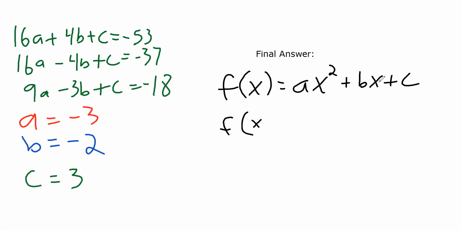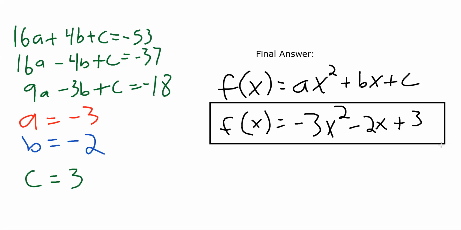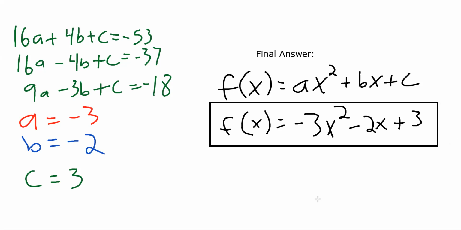So now we know what those coefficients are: negative 3x squared minus 2x plus 3. And that's going to be the jeweled crown for us of problems from this section.